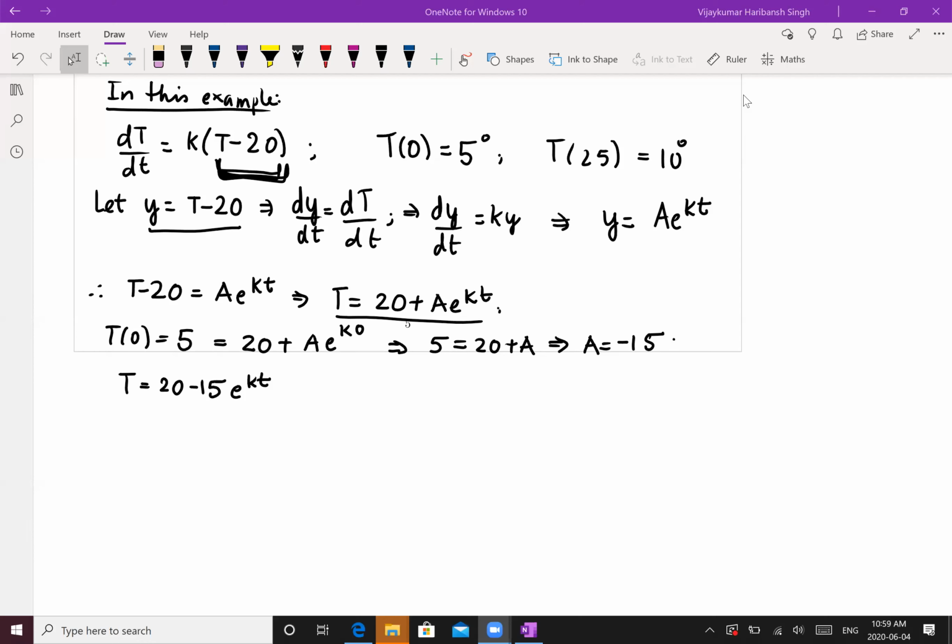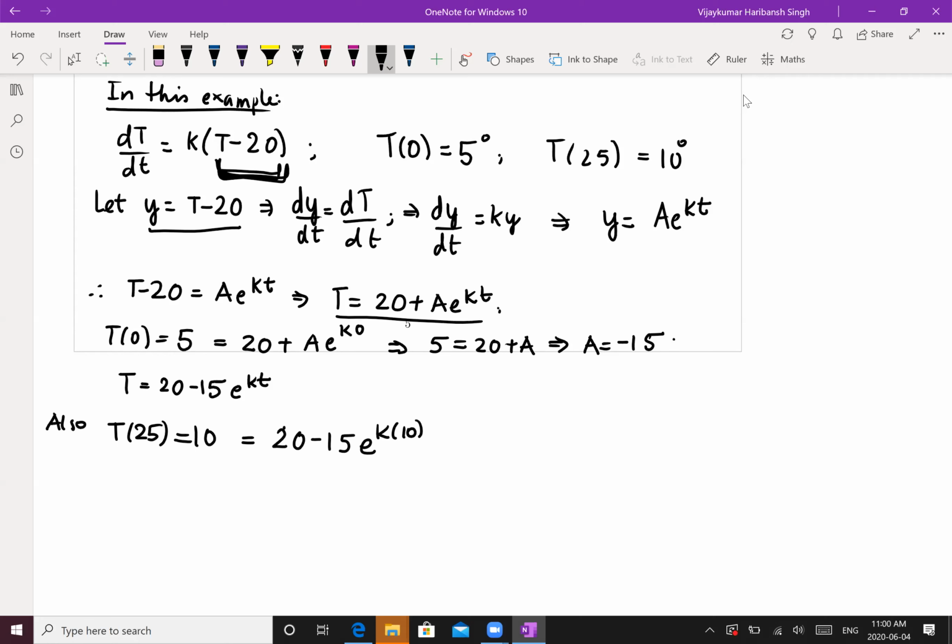Now the other piece of information is that t of 25 is 10, and on the other hand if I use the formula, I get 20 minus 15 e to the power k times 25 equals to this.